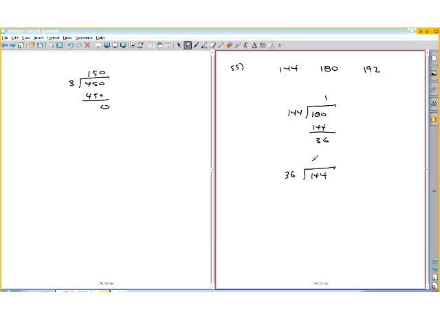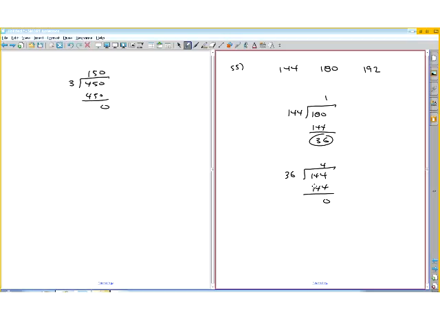That's going to be, looks like 4. So 4 times 6 is 24 plus 2 is 14. You get the 0 remainder, so 36 is the greatest common factor between those two. Is that right? Yes. Because 180 divided by 36 is 5, and 144 divided by 36 is 4.